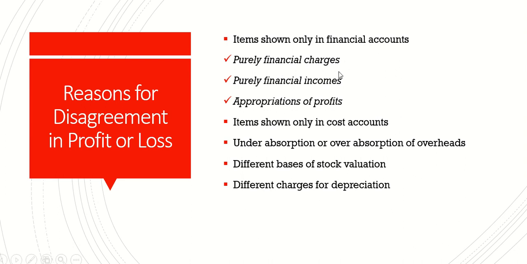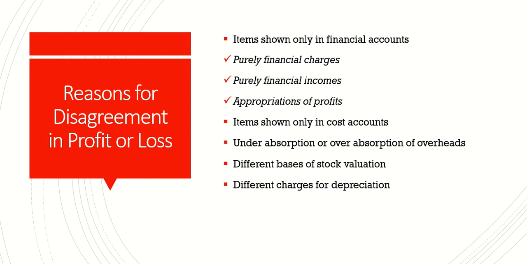The first is purely financial charges, which are purely financial expenses like loss on sale of capital assets, loss on sale of investment, interest on bank loans, etc. Next is purely financial incomes, which are financial in nature, like rent receivable, dividend and interest received, profits arising from the sale of capital assets or investments, etc. Third is appropriations of profits.